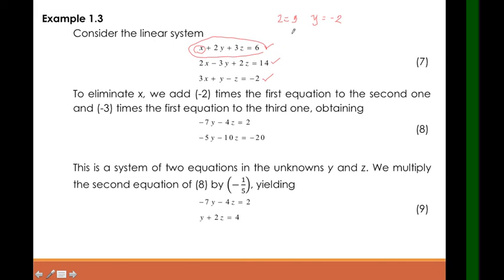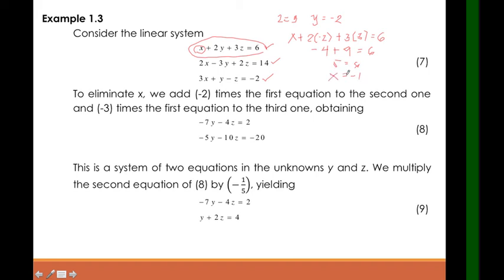So, okay na yung x niya. Papalitan lang natin yung value ni y, which is negative 2, at saka ni z, which is 3, equals 6. Let's see anong makuha natin for the x. So, we have negative 4 plus 9 equals 6. This is equal to 5 equals 6, and that is negative 1.